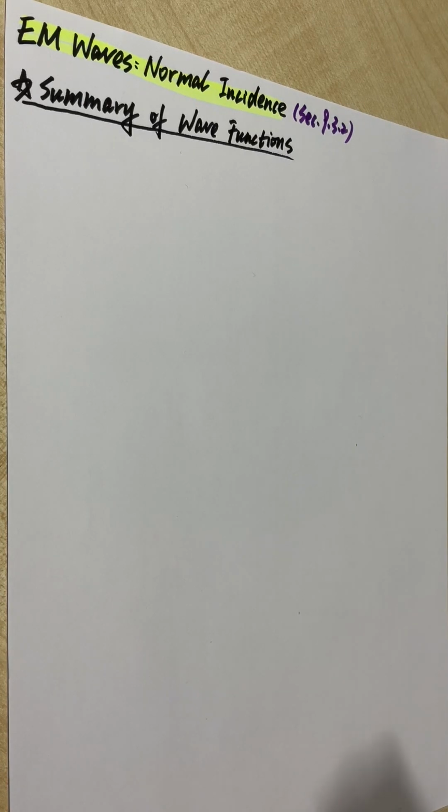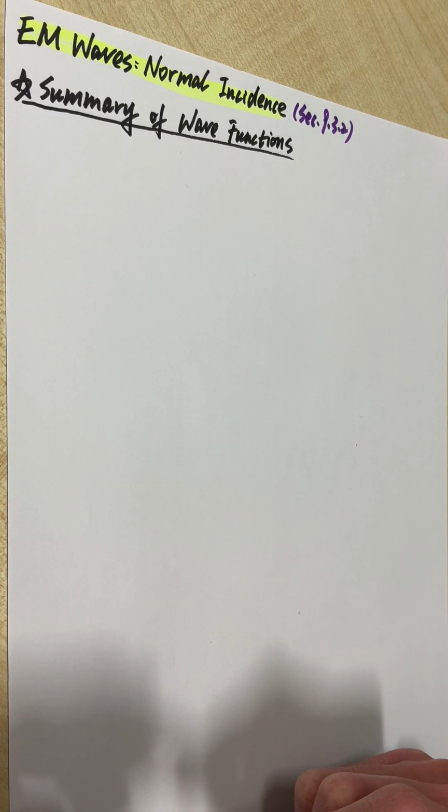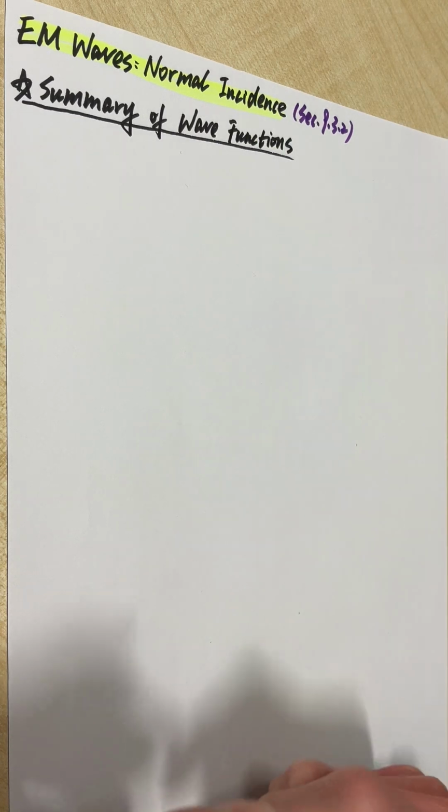Okay, so we are going to study what happens when an electromagnetic wave crosses a boundary, from one medium to another medium. This session is about reflection and transmission at normal incidence.